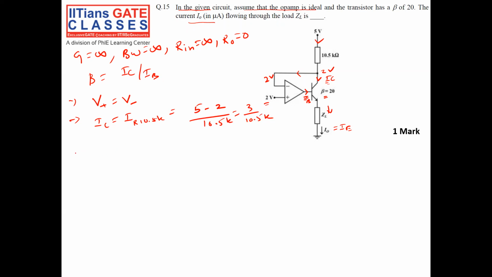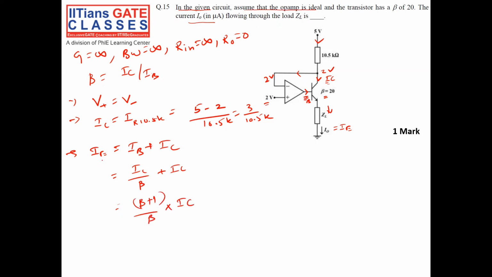We know the current in the emitter is nothing but the current in the base plus the current in the collector. Also, the base current is the collector current divided by beta. So IE is equal to IC by beta plus IC, which implies IE is (beta plus 1) divided by beta, into IC.